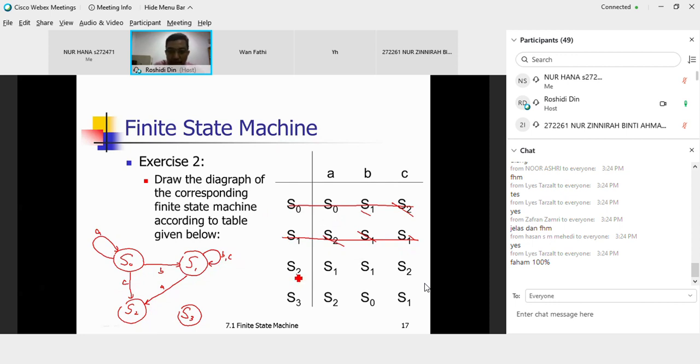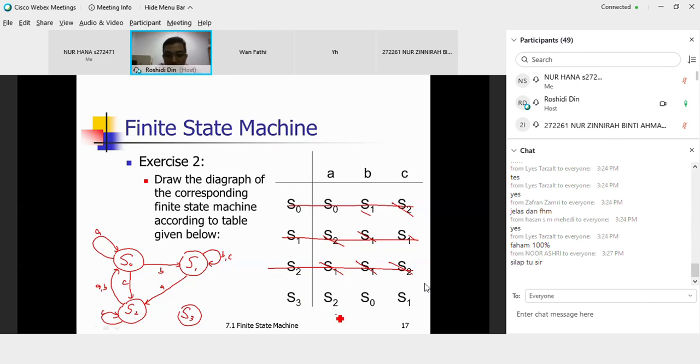The third row, S2 map to S1. So now focus on S2. S2 map to S1, A. S2 also map to S1, B. So we just confirm. S2 map to S2, C. And then finish. Now we focus on input S3.